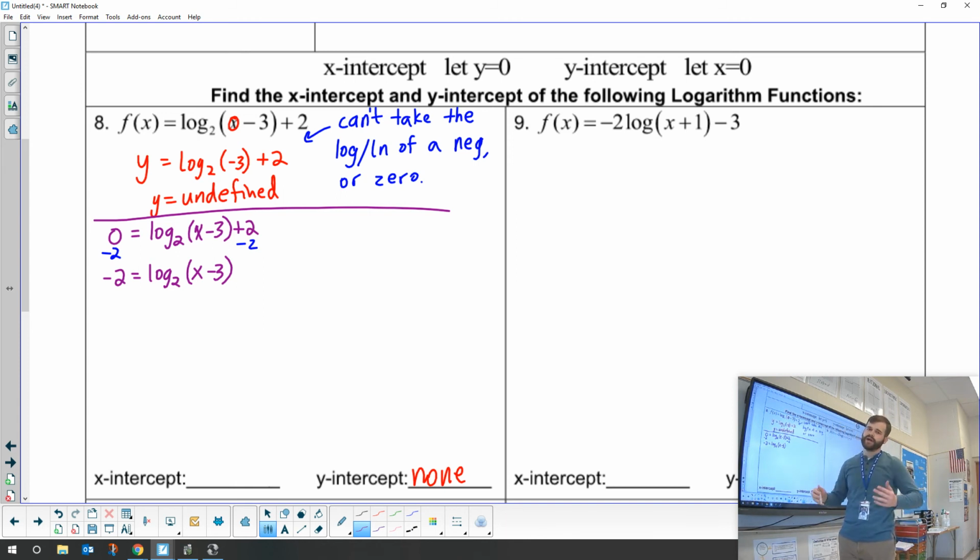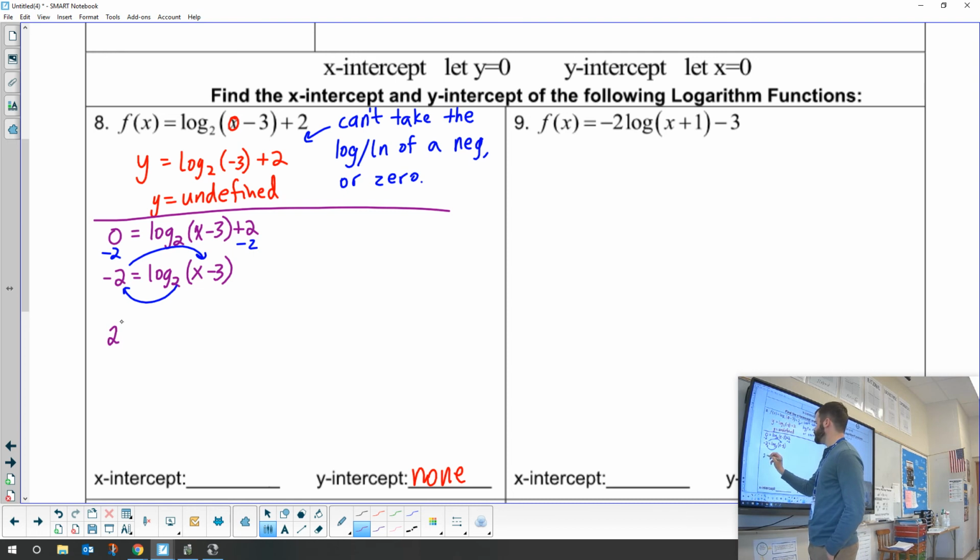And then, now that I've got my logarithm by itself, how do we solve this? Well, we need to rewrite it in exponential form. So to rewrite in exponential form, we're going to go 2 to the negative 2 equals x minus 3. 2 to the negative 2, if you plug that into your calculator, you get 0.25 equals x minus 3.